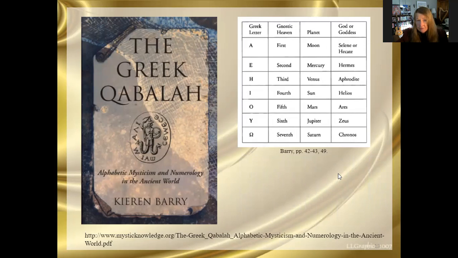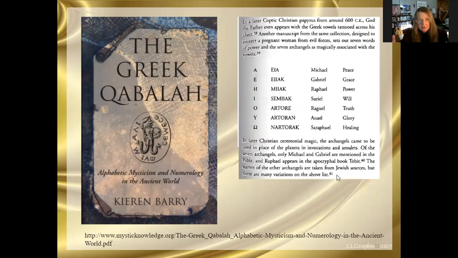You can even, because remember, this is coming out of the first part of the Common Era and just before, where the center of Greek language and culture is in Egypt, in Alexandria in particular, before the fall of the great library there. So in Coptic Christian papyri, you can even get associations between these vowels and Hebrew archangels and things associated with those archangels.